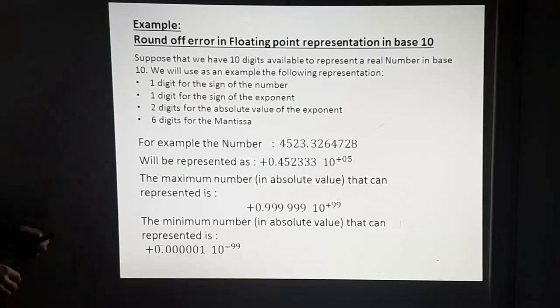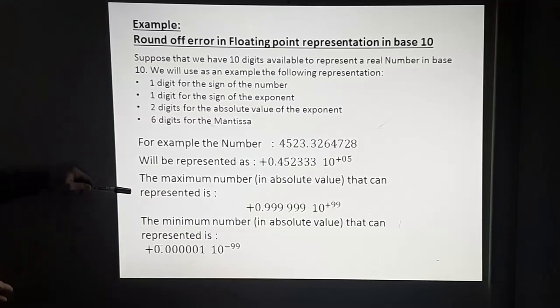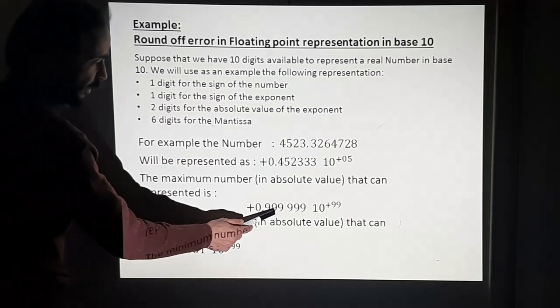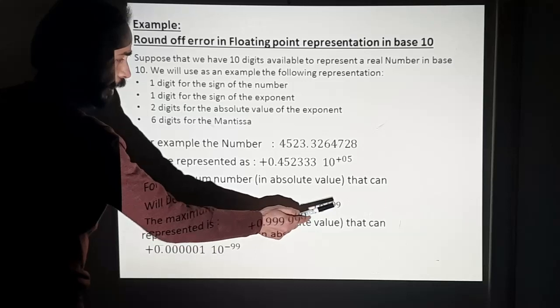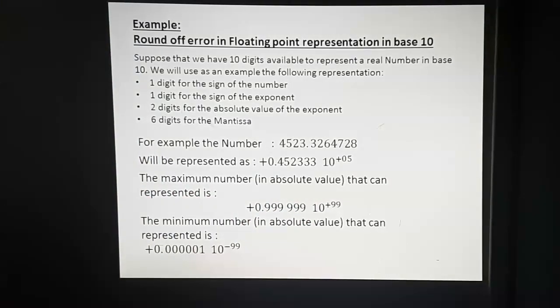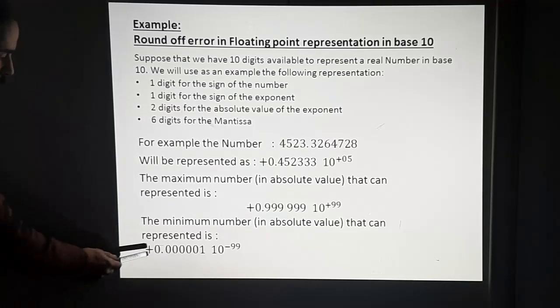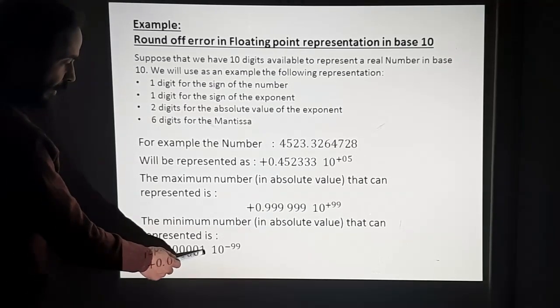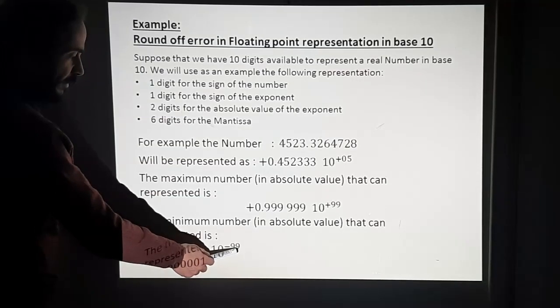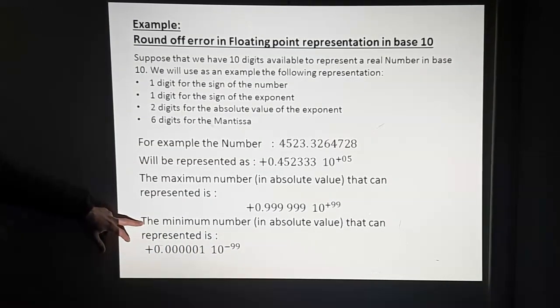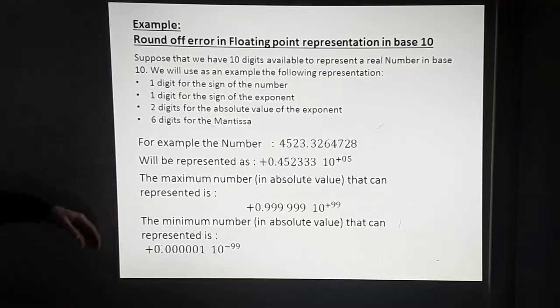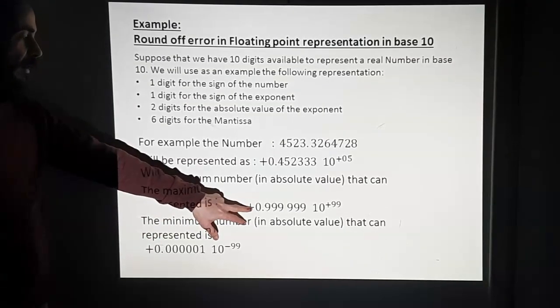Now, the advantage of this representation, when we compare to the other one, is that the maximum number that can be represented is 0.999999 10 power 99. And the minimum number that can be represented is 0.000001 10 power minus 99. So this is the minimum number in absolute value. Of course, the minimum number is when we have a minus sign.